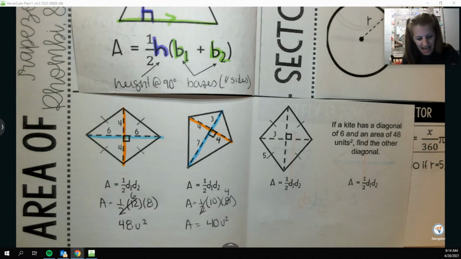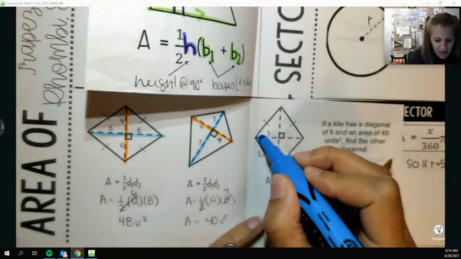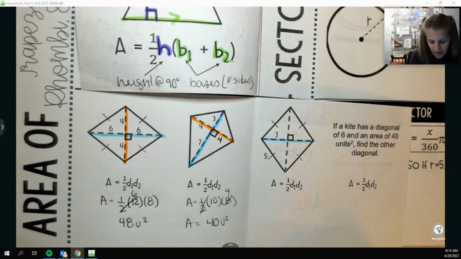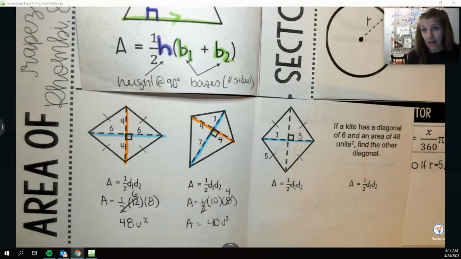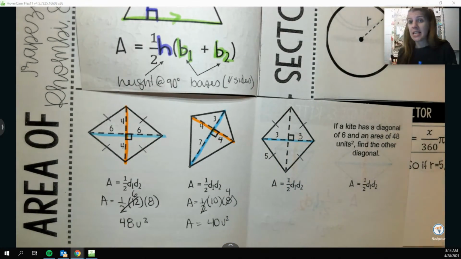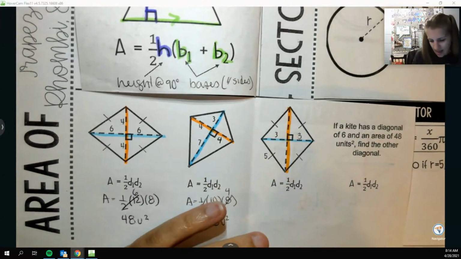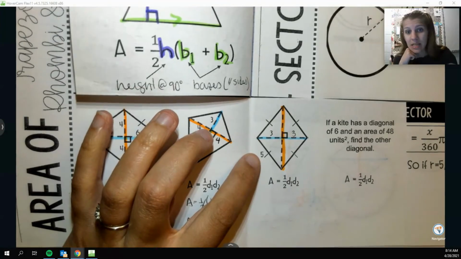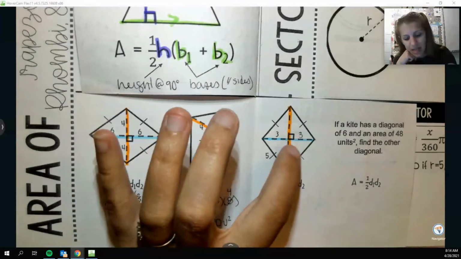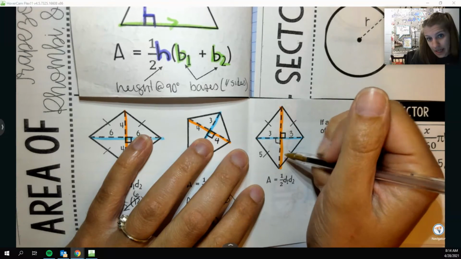And then the last picture here, I can see that I have a rhombus. They're showing me that this diagonal has one side of 3, and so the other one also is, because in a parallelogram, which a rhombus is, the diagonals are bisected. And then this diagonal has no measure on it. However, they did tell me that the side length of the rhombus is 5, and because the diagonals intersect at a 90, you have a right triangle right here.